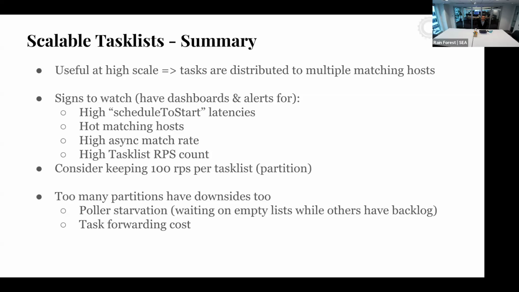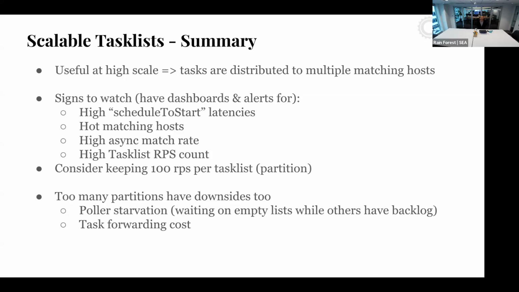If I summarize what scalable task lists are for, they are useful at high scale. They're distributed to different matching hosts. Signs to watch: if you start seeing high schedule-to-start latencies, or hot matching hosts, even though we have those metrics, you can also look at your container metrics. They will also be able to show.